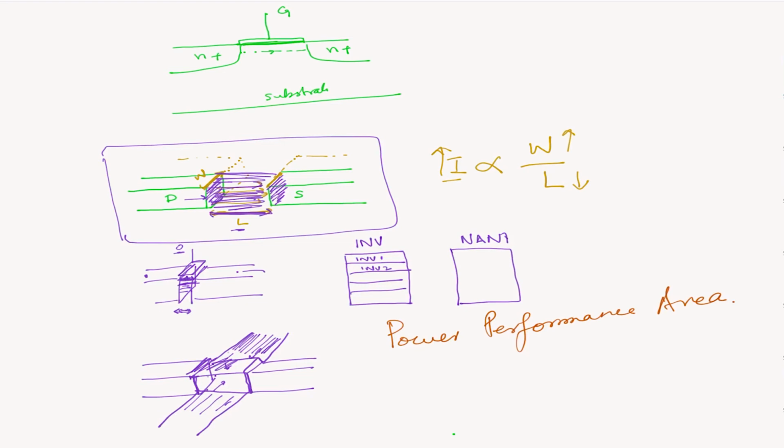Okay, let's say we have a restriction of a circuit that we only have certain die area and we have to put all the functionality of a given SoC into that. So we are limited by the area. We cannot make it bigger because when the die gets bigger, its cost gets higher. The other thing is when we have a bigger area, so we want to keep the area as small as possible.